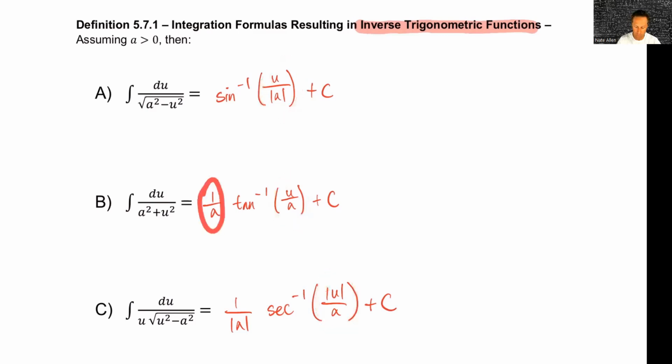Some of them had the 1 over a. In this case, we got to make sure that the a is positive for this one. But that's it. Anytime you recognize roots and or squares, whether it's the sum or the difference, you should be thinking inverse trig, sine, tangent, and secant.